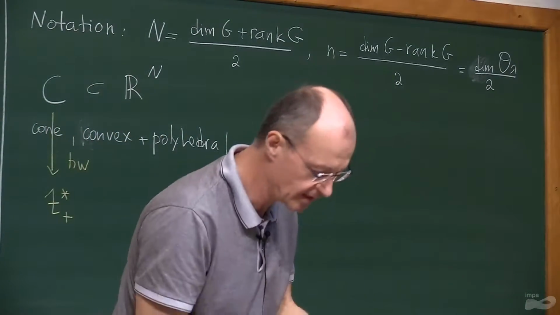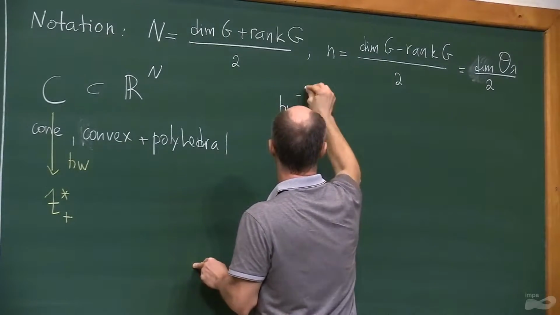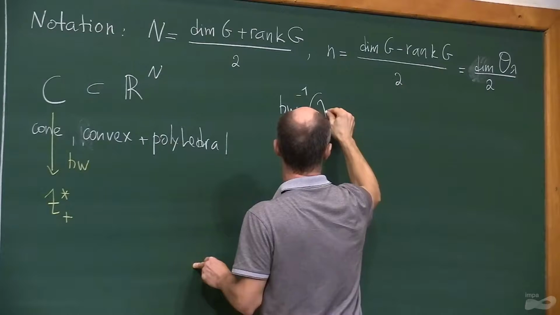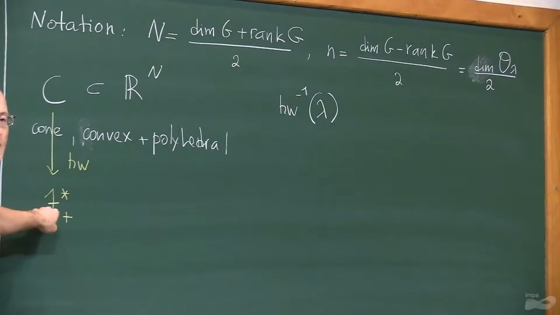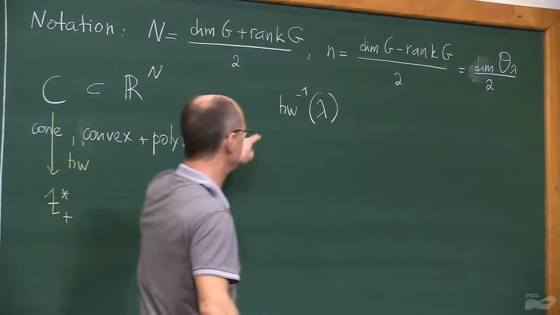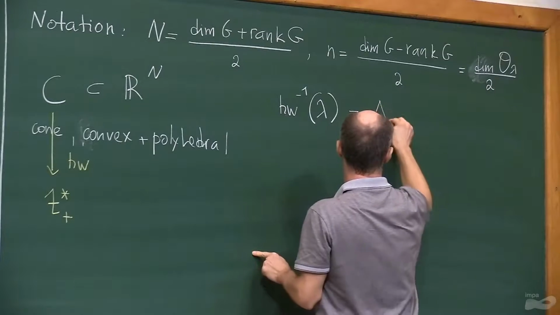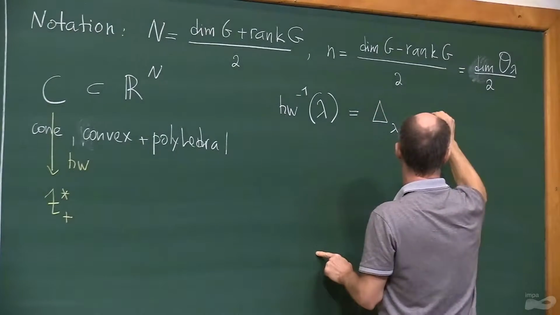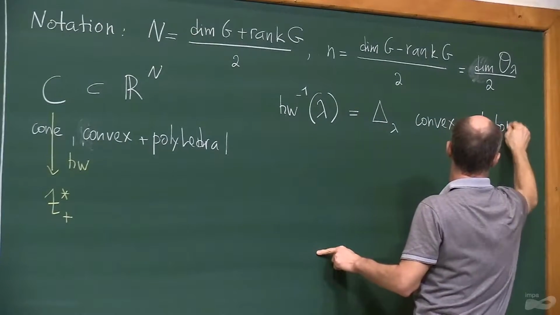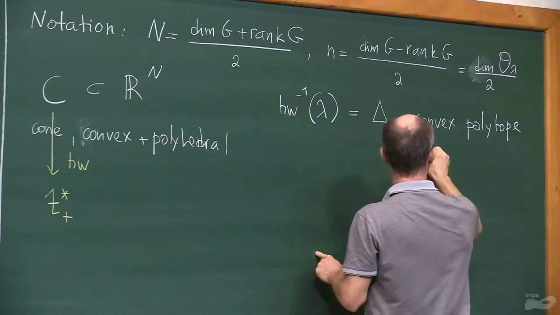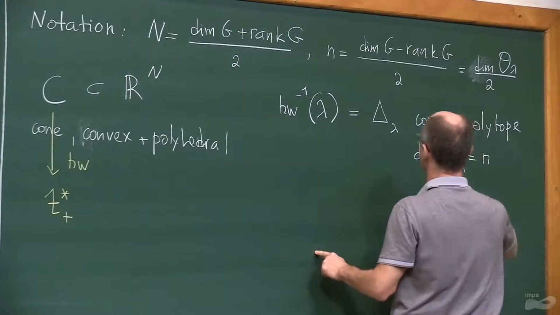And under this map, the preimages of elements of the interior of the positive Weil chamber, of the regular elements, are convex polytopes of full dimension, so dimension n.